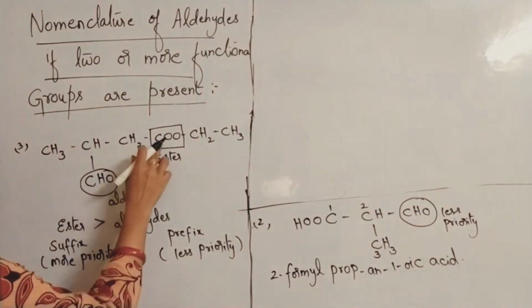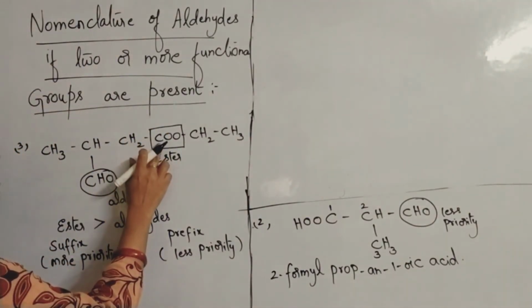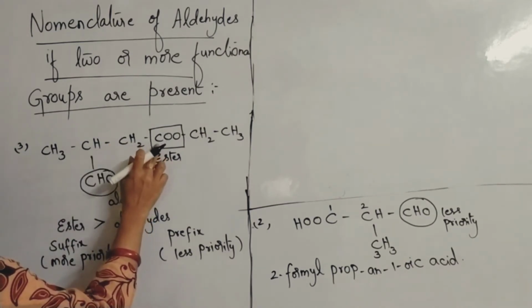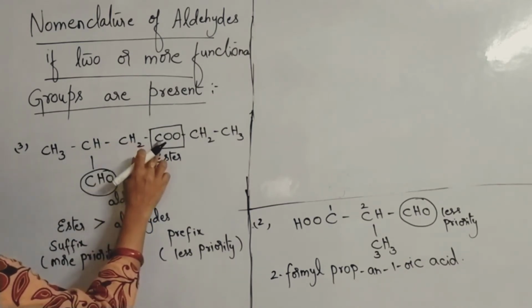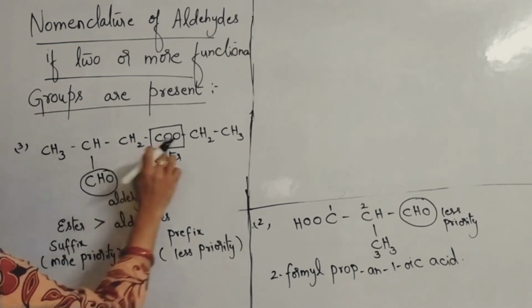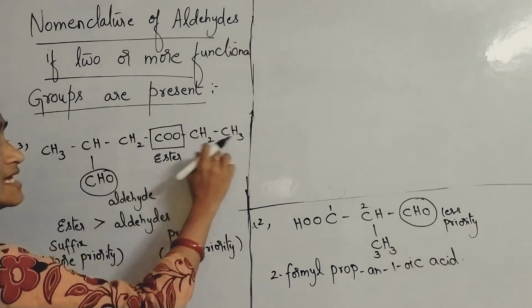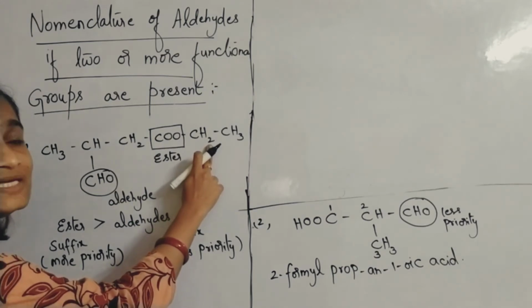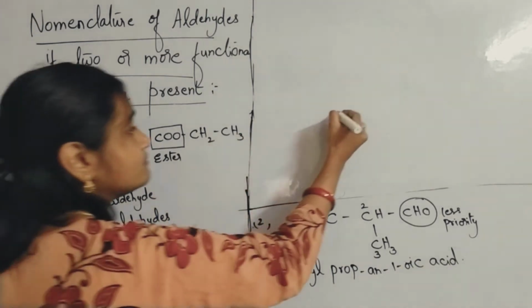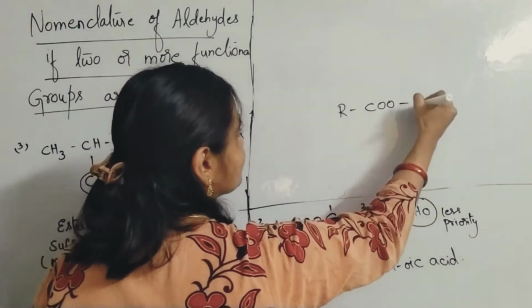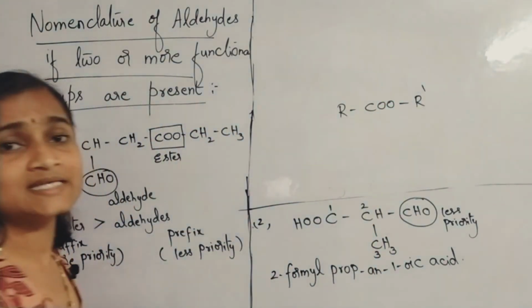So while giving name for esters, you have to check which one will be the root word. The one which is the number of carbon atoms which are connected to carbon, you have to take them as main parent chain, and the other chain which is connected to oxygen has to be taken as prefix. Please understand carefully. Okay. R COO R dash.